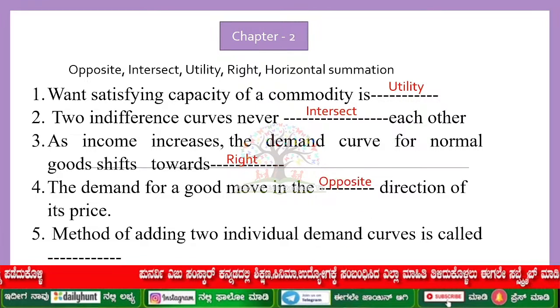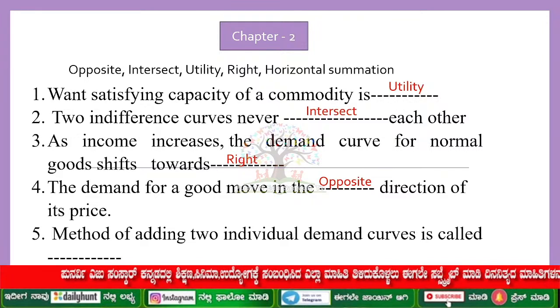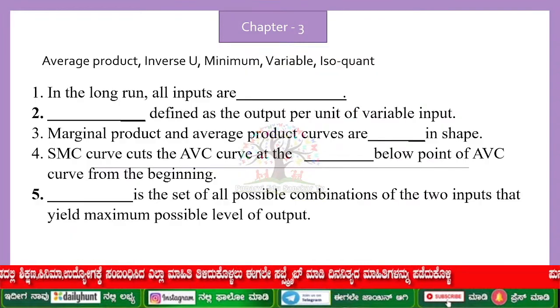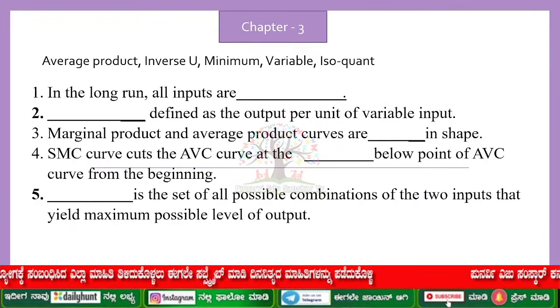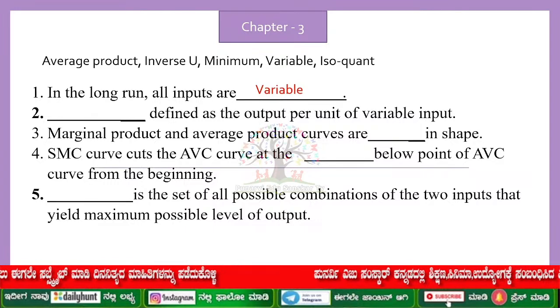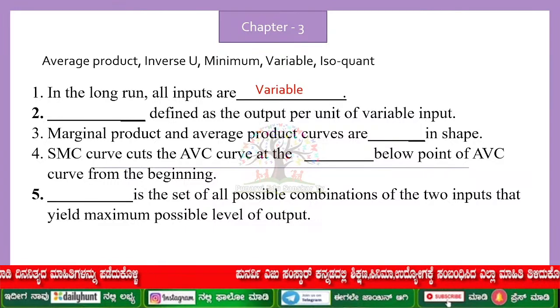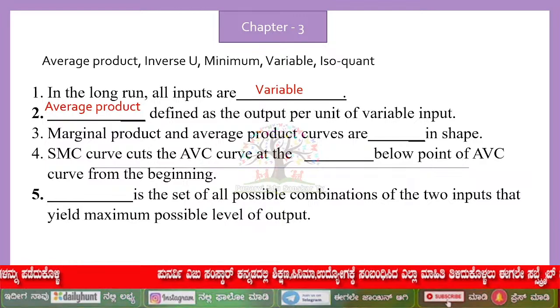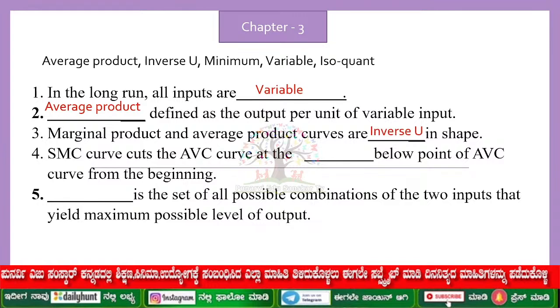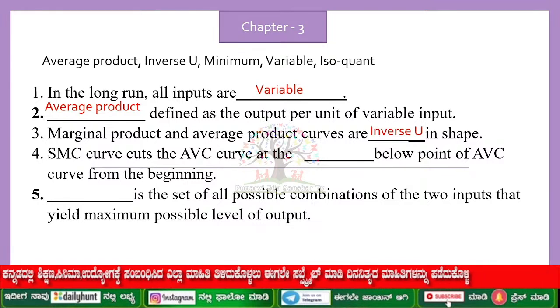The method of adding two individual demand curves, we call it horizontal summation. In the long run, all inputs are variable. Average product is defined as output per unit of variable input. Marginal product and average product curves are inverse U shaped.